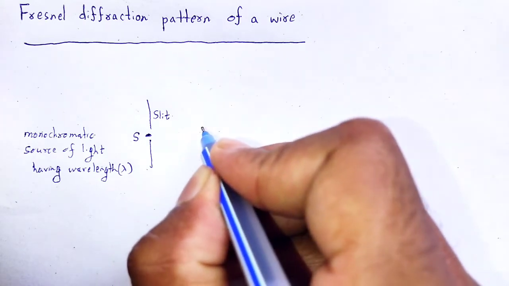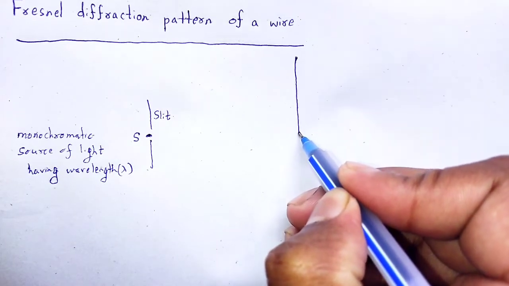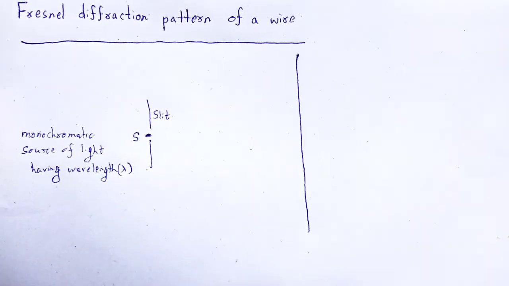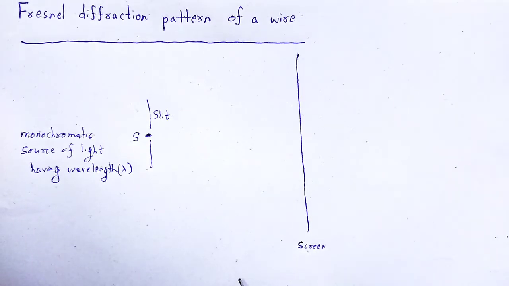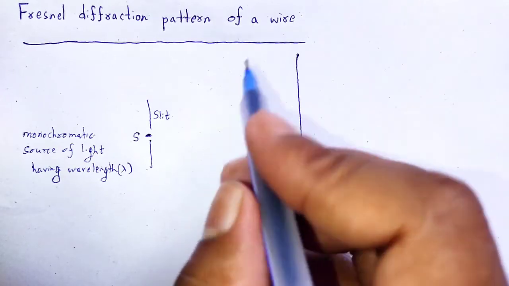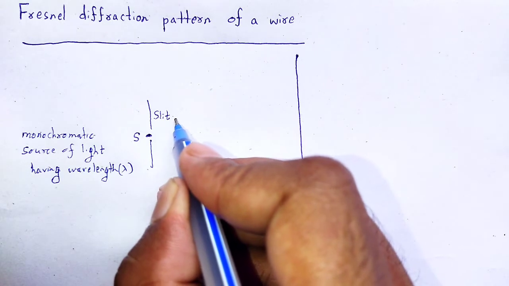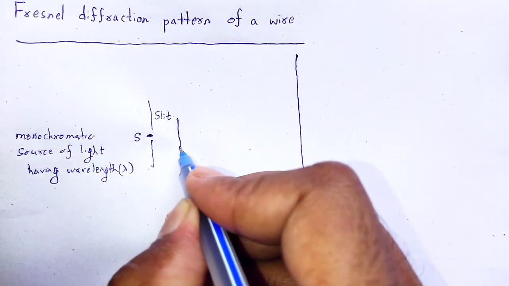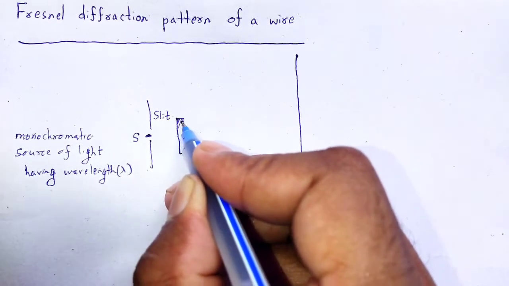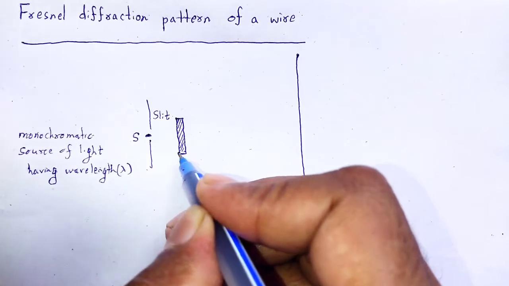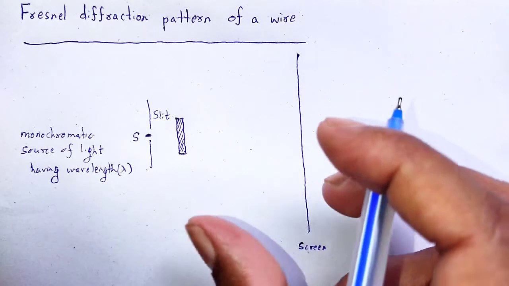And we place a screen here. A wire is situated in front of that source at a distance x from that of the screen.